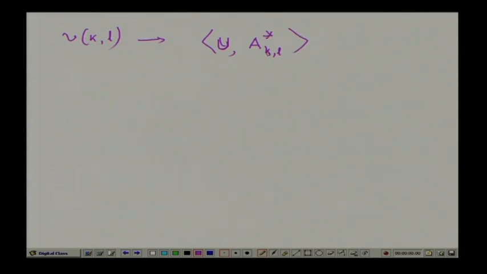Because this is the inner product of the input image U and the KLth basis image AKL star, this is also called the projection of the input image on the KLth basis image.